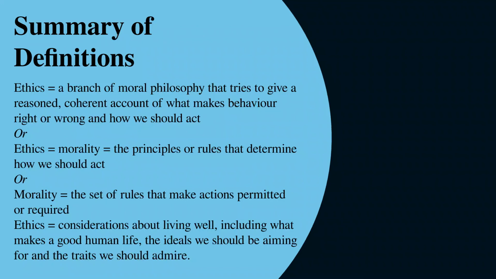Or we can use morality and ethics to pick out a narrow sphere of concern and a wider one. So morality is the set of rules that make actions permitted or required, while ethics brings in a much wider set of considerations about living well.